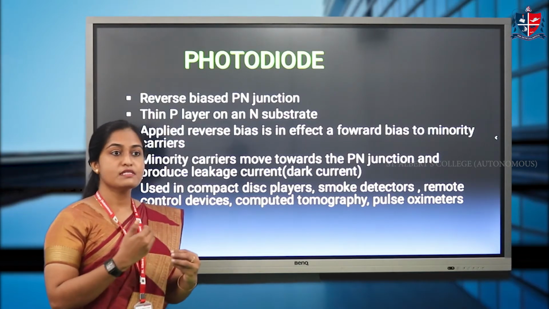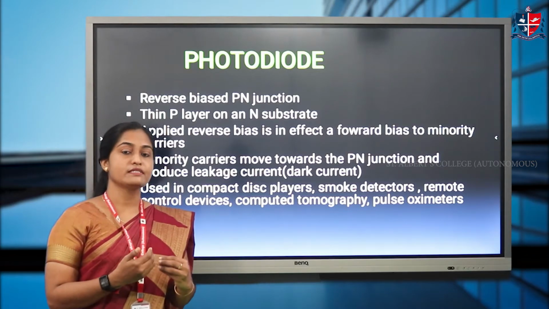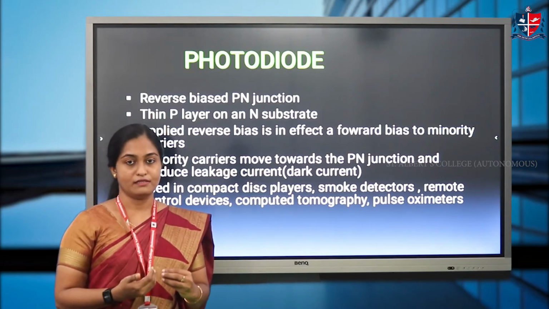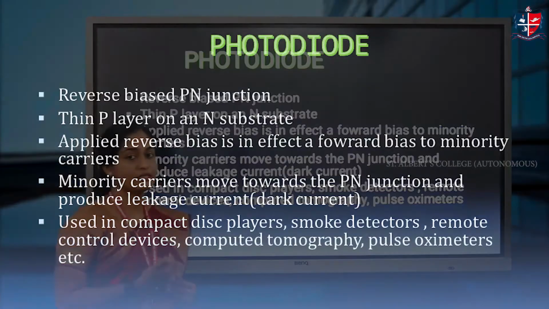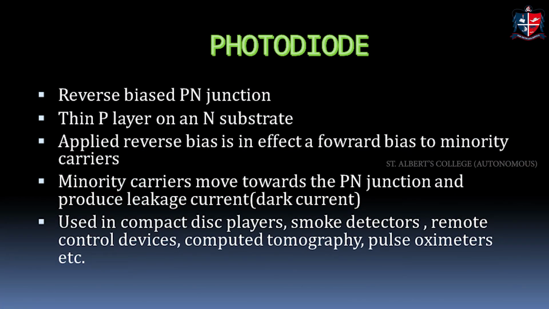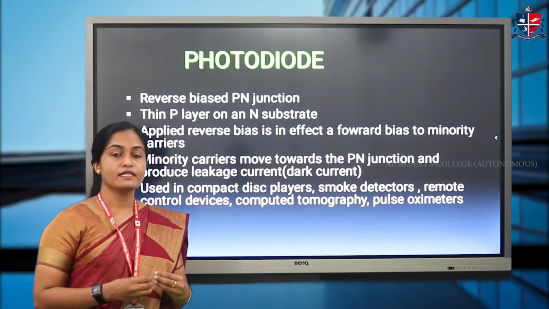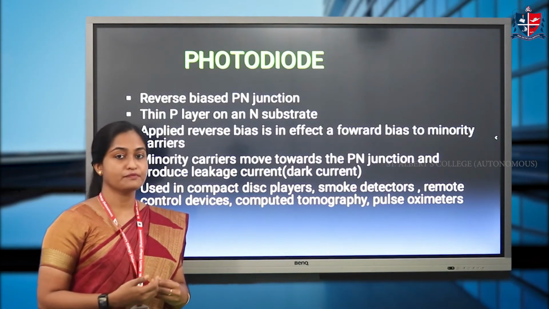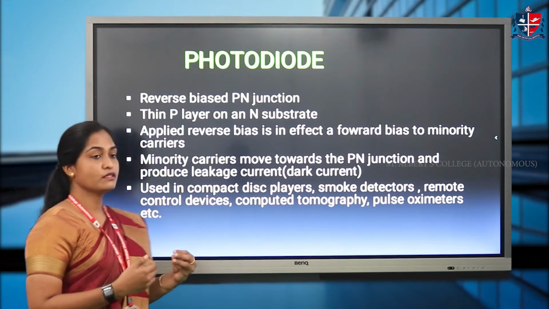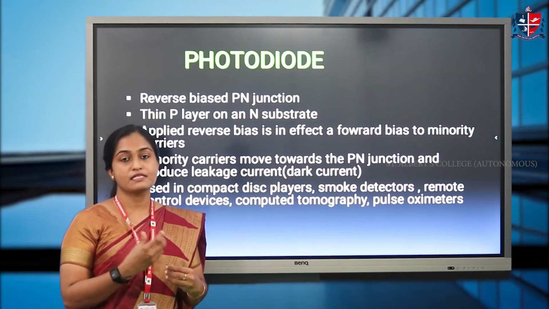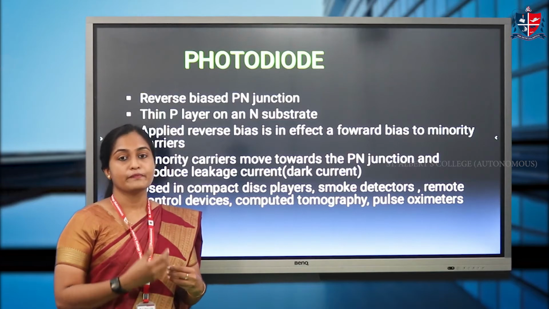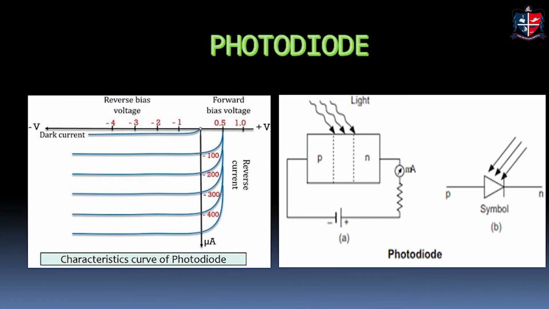Because of this movement, there develops a leakage current, which is also known as dark current. Dark current causes serious problems: it reduces the sensitivity of the device and reduces the speed of the device. The dark current also depends on the series resistance connected to the photodiode. So we need to minimize the dark current.